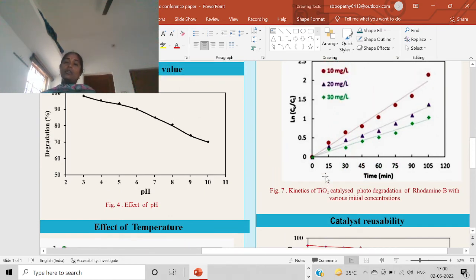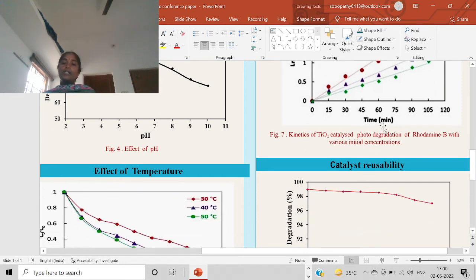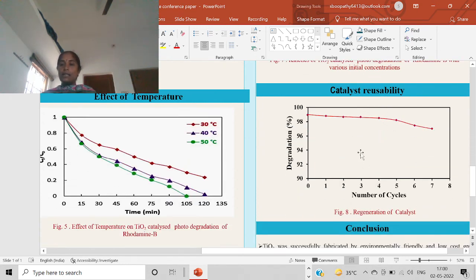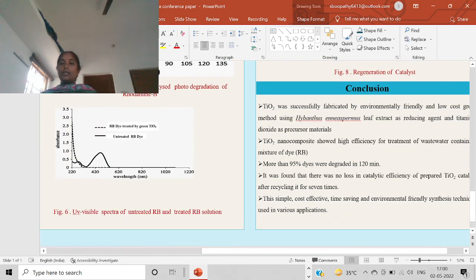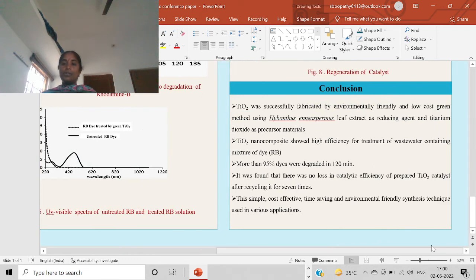So as the concentration of the dye increases, the degradation will be slow. This is the catalyst reusability. We can use it up to 7 cycles, and the maximum recyclability is 98%. So these are the conclusions.